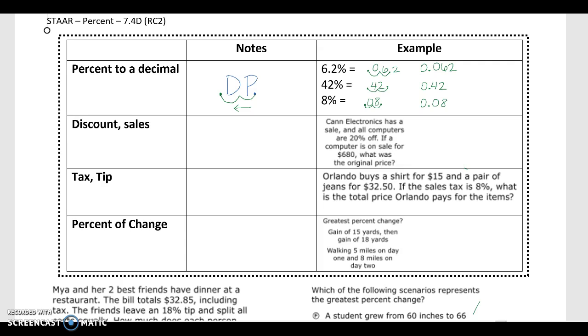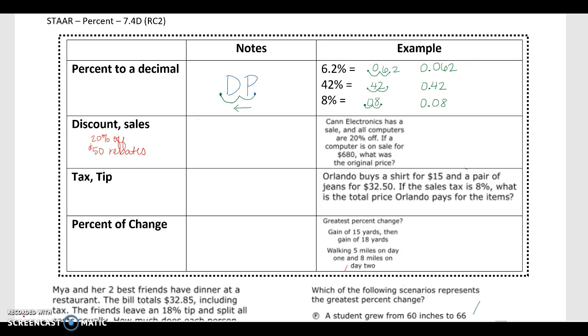All right, so the next part is discount or sales. There's different types of discounts and sales. Sometimes they may say 20% off. They may say there's a $50 rebate. These are different types of sales.